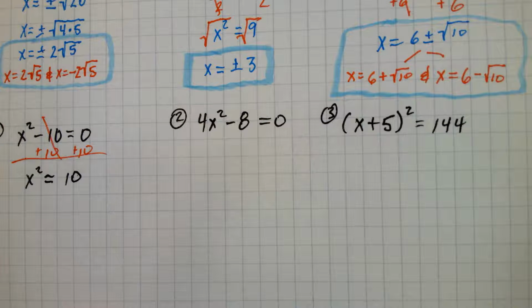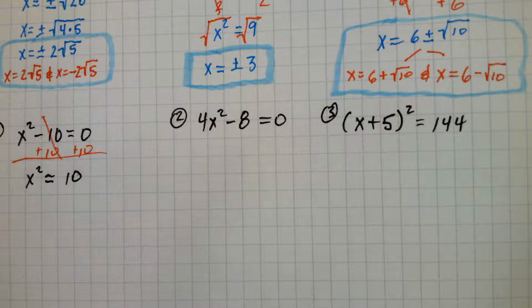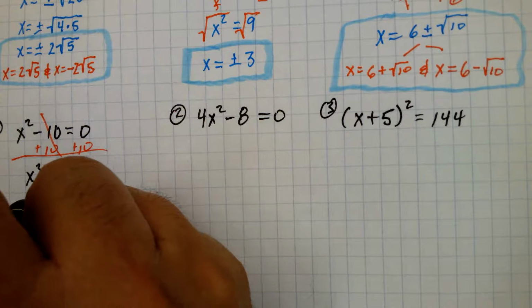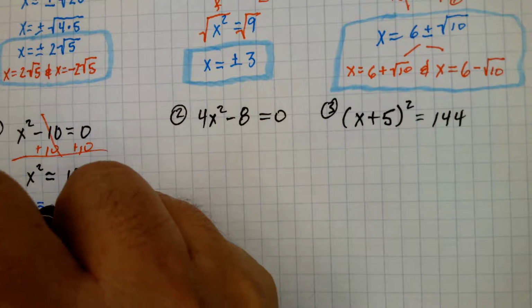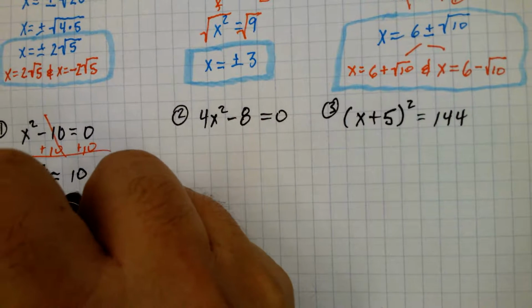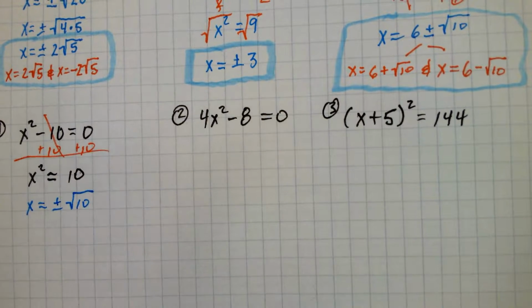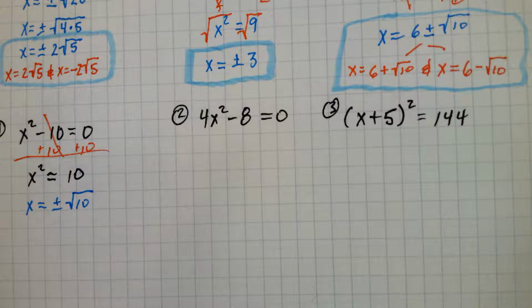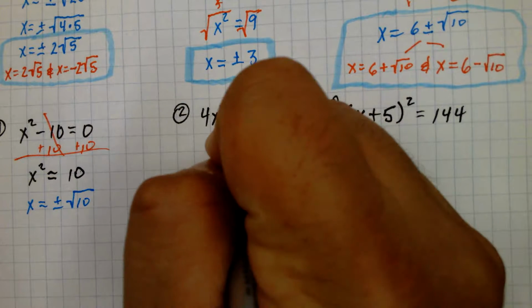Okay. Someone care to tell us what they got for number 1? Right. X equals plus and minus the square root of 10. So there's your two answers. X equals plus or minus square root of 10. All right. How about the number 2? What are we going to do there? Yeah, let's get rid of the 8.